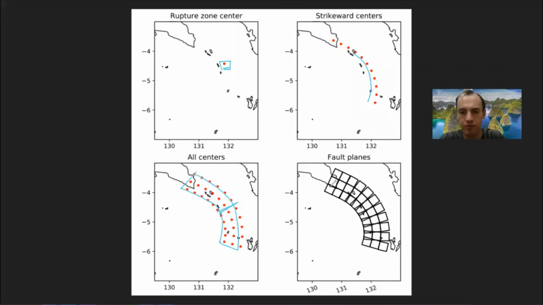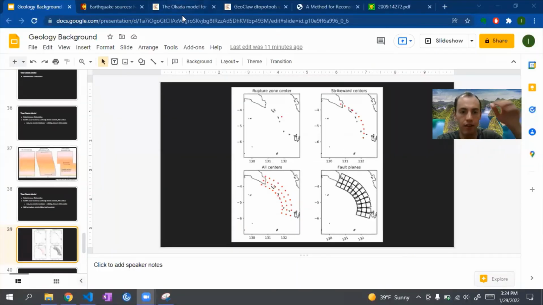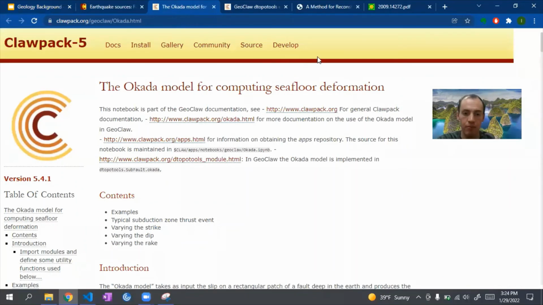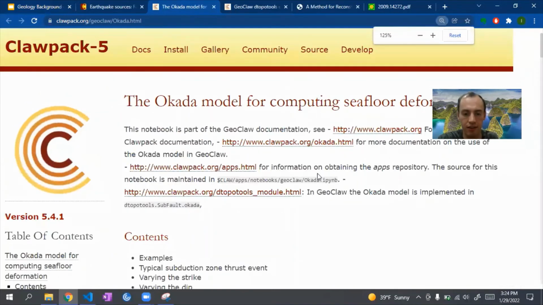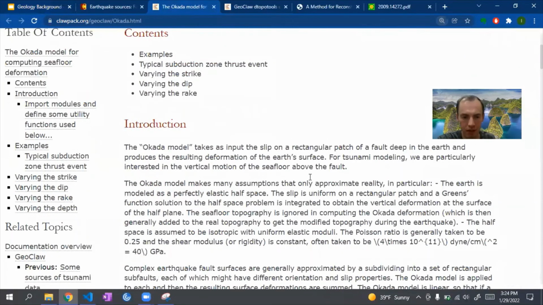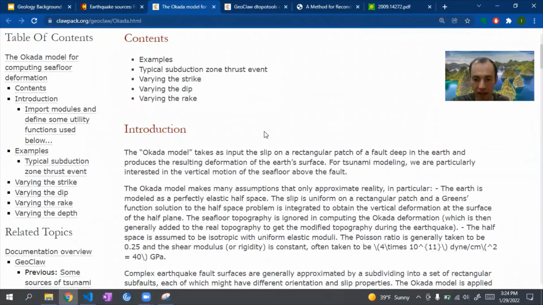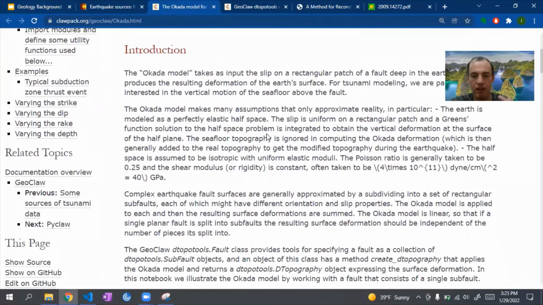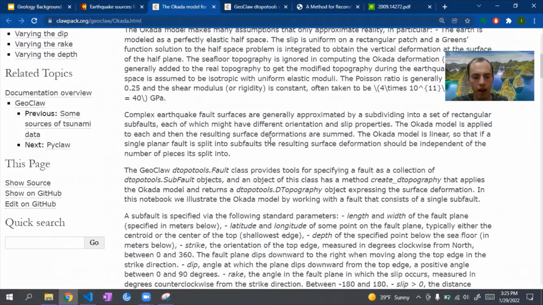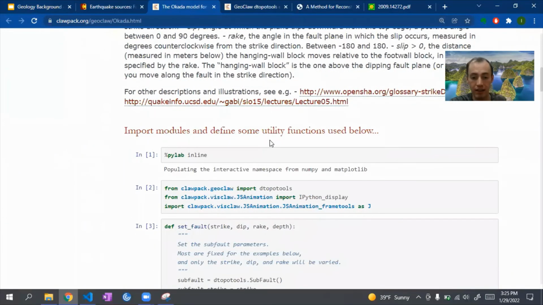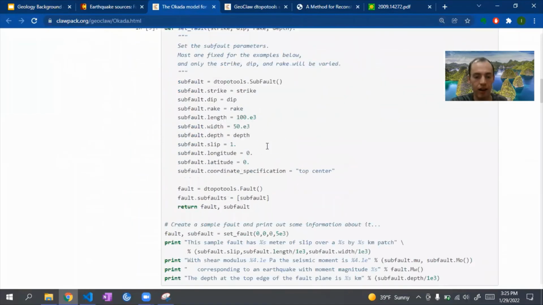I think another excellent way to visualize this is to go quickly to the source, the documentation for GeoClaw. We'll look at this because it gives us some really interesting information. In this introduction, they're recapping a lot of what we say, that we're making these assumptions and using these elastic properties of the Earth. I'll include these links for you to read through if you'd like.